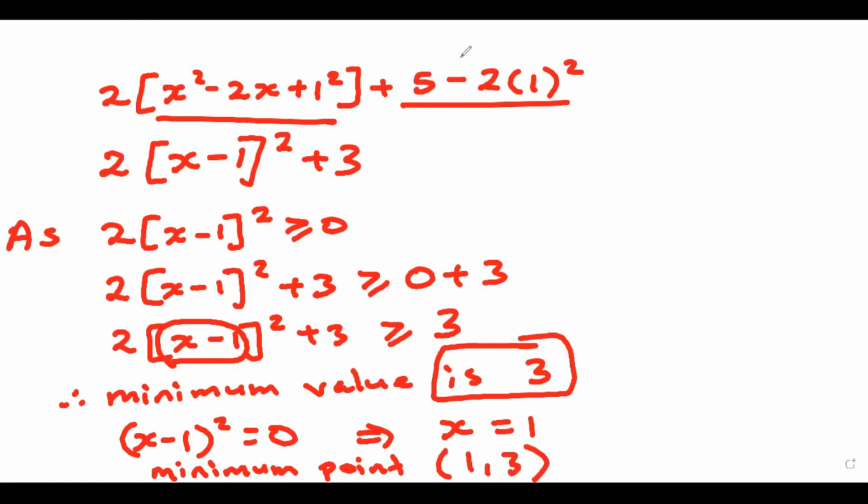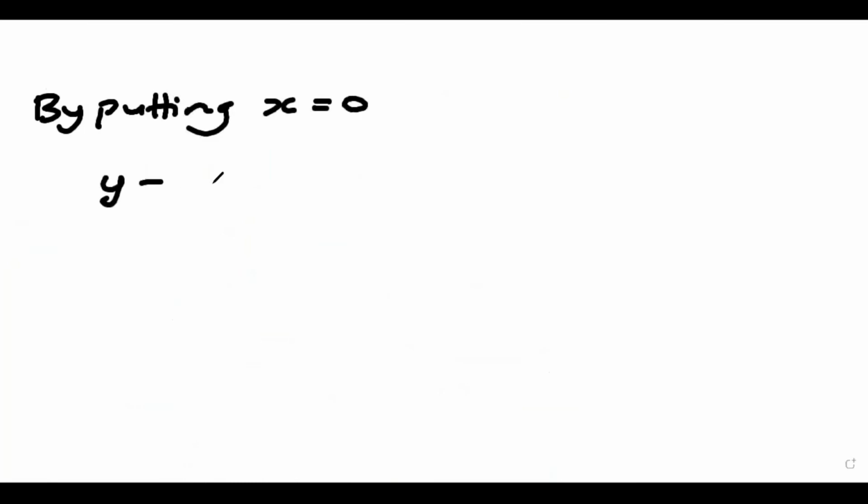So what you're going to do next, because we're going to actually try and plot the graph now, is find the y-intercept. How do you find the y-intercept? By putting x equal to 0. So now the quadratic, which is y is equal to 2x squared minus 4x plus 5.